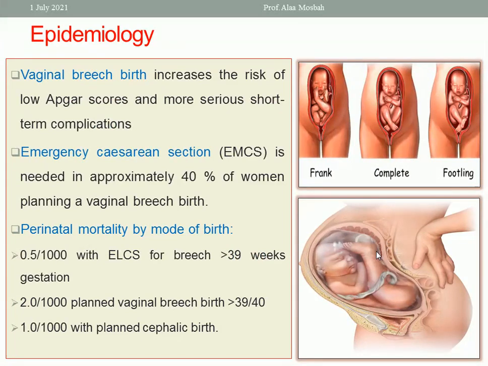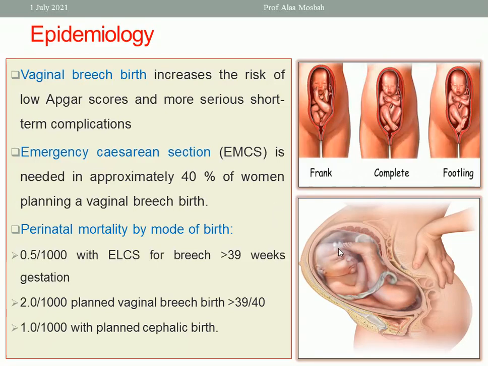Vaginal breech birth increases the risk of low Apgar score and more serious short-term complications, but not the long-term complications, as mentioned by the Royal College of Obstetricians and Gynaecologists. And emergency cesarean section is needed in approximately 40% of women planning a vaginal breech birth.